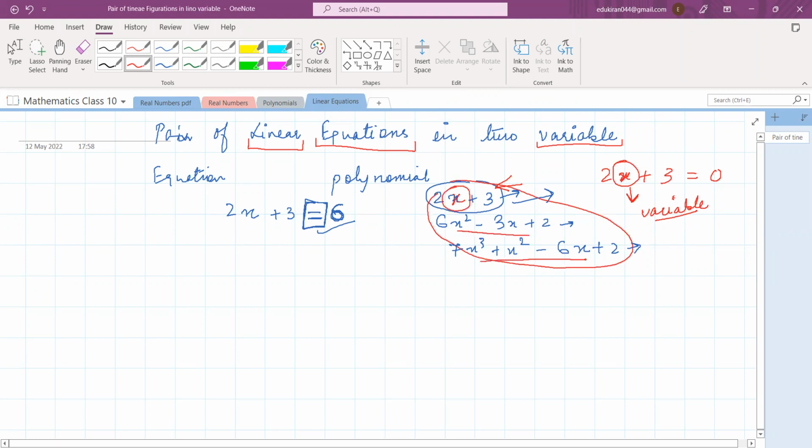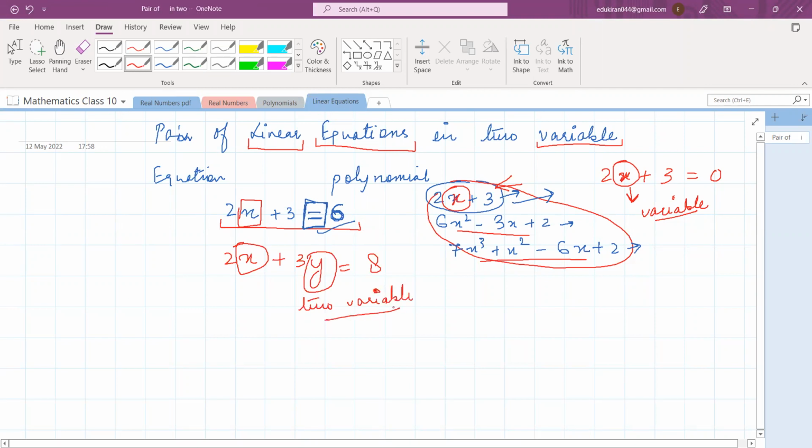But if I have something like 2x plus 3y is equal to 8, okay? Now you can see there is one variable x plus there is another variable y. So this is an equation in two variables. Understand? Yes. Okay. So in this chapter, we will deal with equations which have two variables, not one.